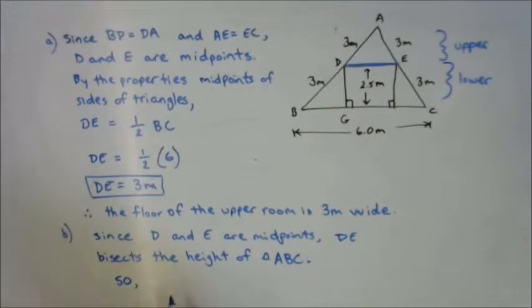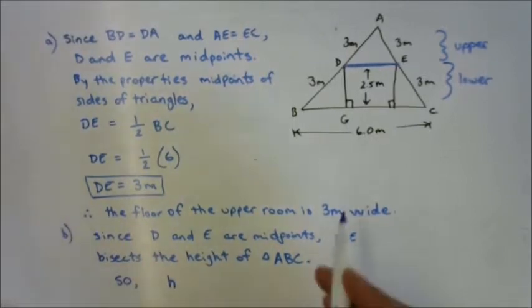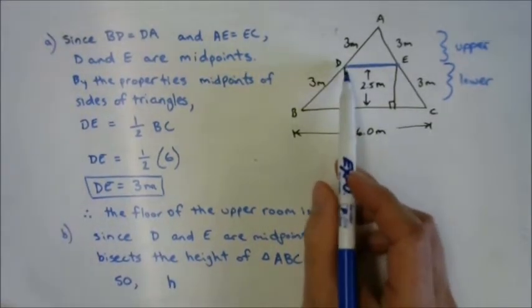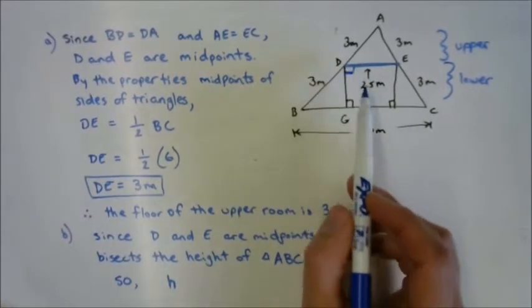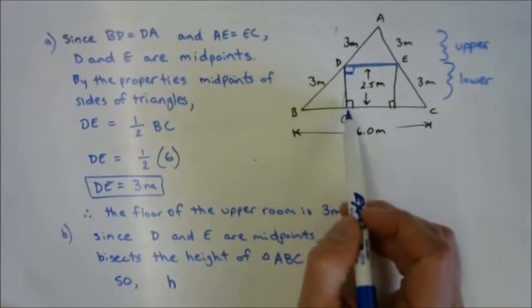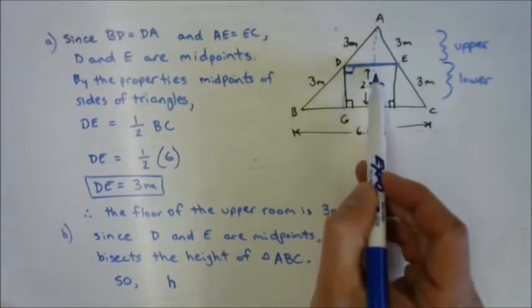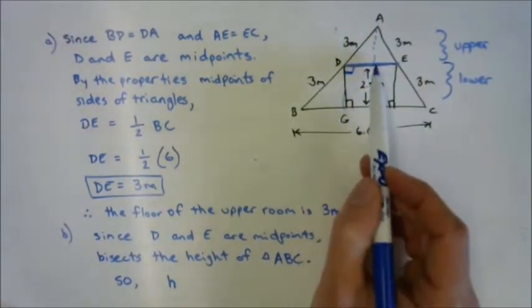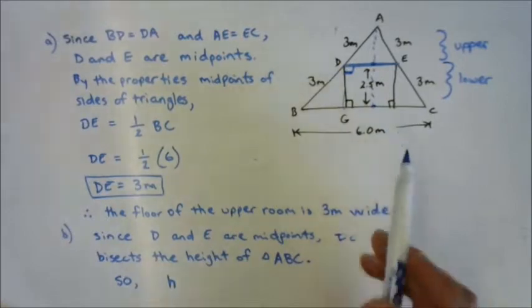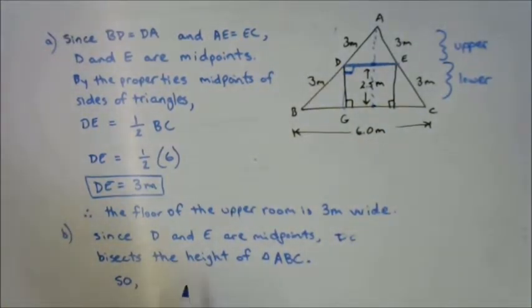So, the height, I'm going to use H, the height of... let's assume we know that this is true. These are all 90-degree angles, okay? So we know the height of DG. If the line were going through the middle there, the altitude, DG would be the same height as that height, okay? So we're just going to say DG.